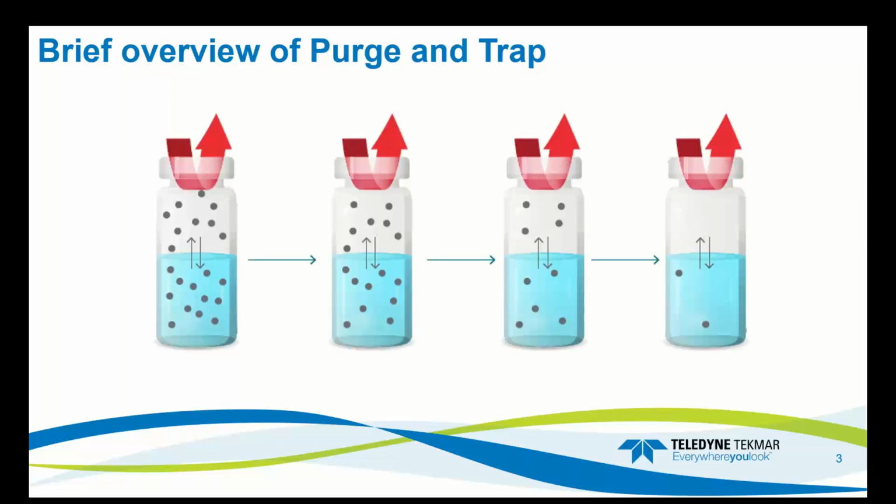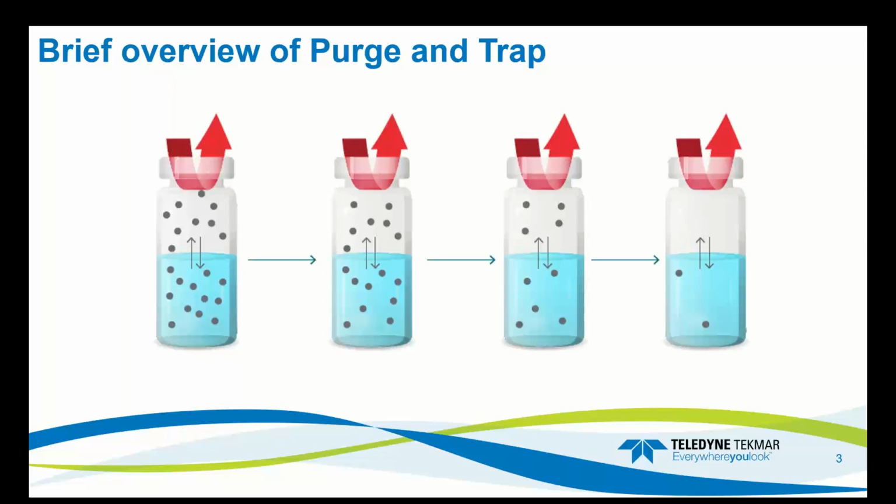So now let's get into how purge and trap works. The theory of purging and sweeping the sample with an inert gas, called dynamic headspace theory, sounds simple, but it is a very complex process. Purging a sample to extract analytes is a gas extraction. In purging a sample, the system is no longer at equilibrium. This is because the VOCs that move into the gaseous phase are constantly being removed by the purge gas.